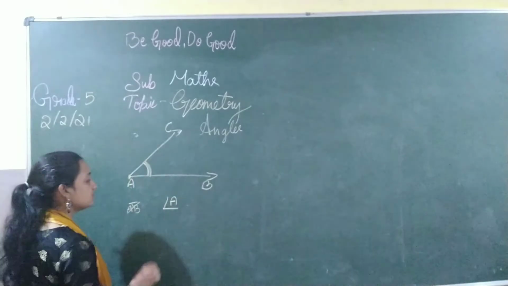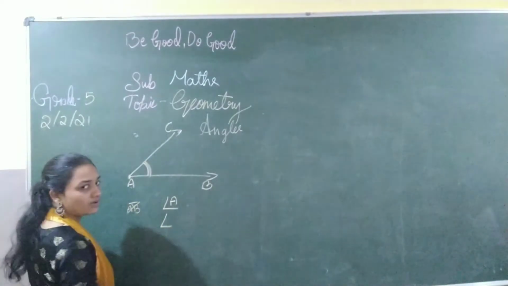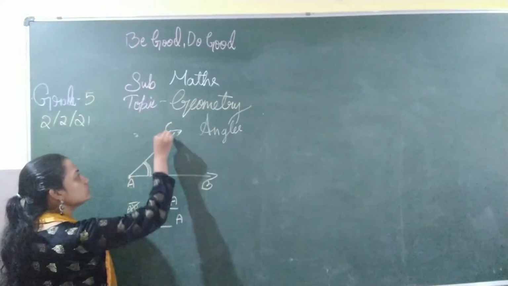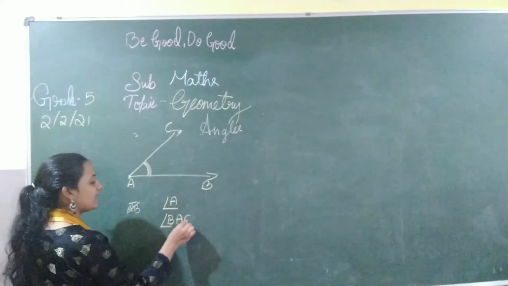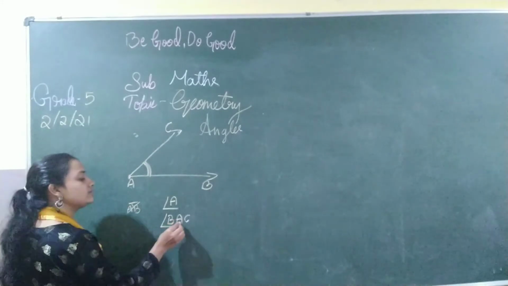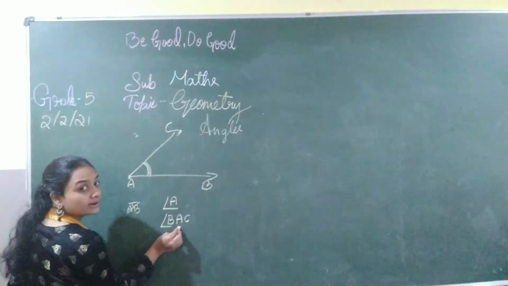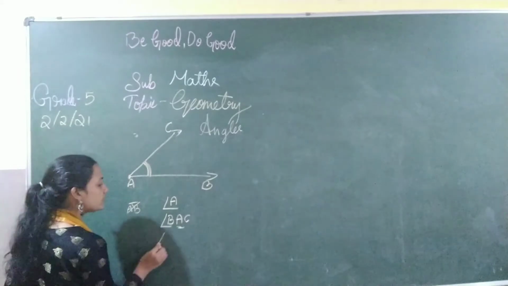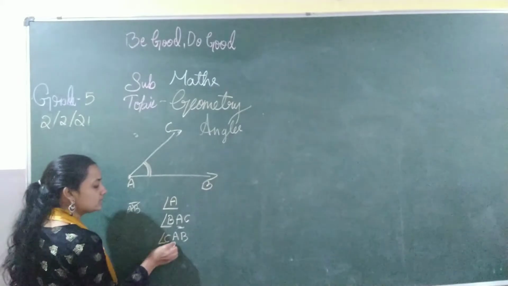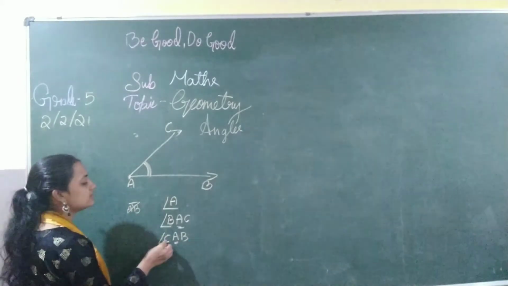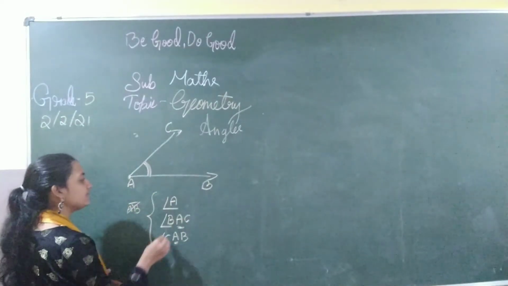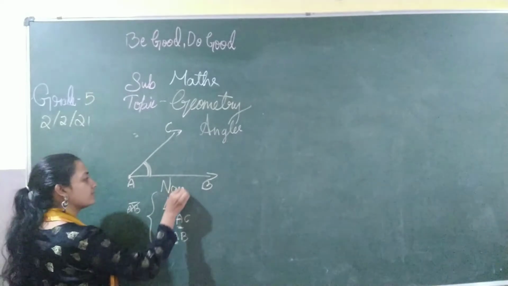One more way, you write the symbol of angle and write A in the middle with the two letters beside A. Wherever your angle is formed, that letter should be in the middle. You can also write the same thing as CAB. The important thing is that the alphabet should be in the middle. Other than this, the two alphabets can be changed. All these are the ways of writing this angle's name.